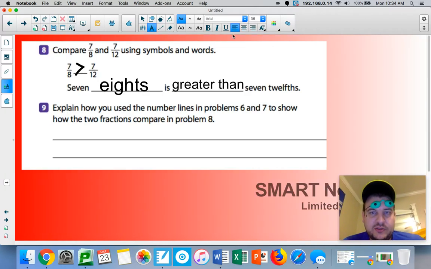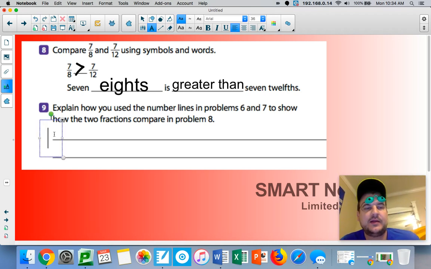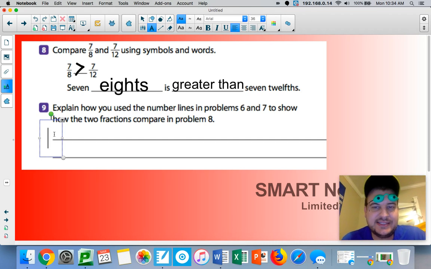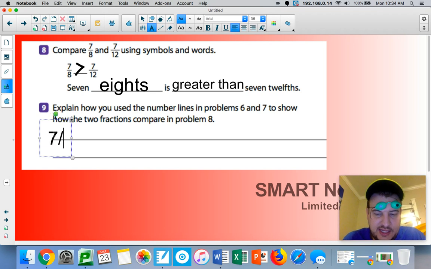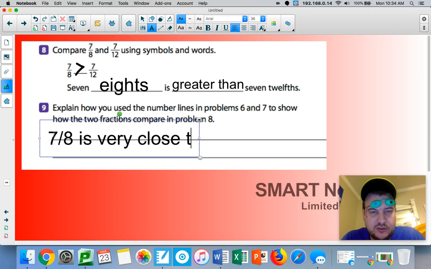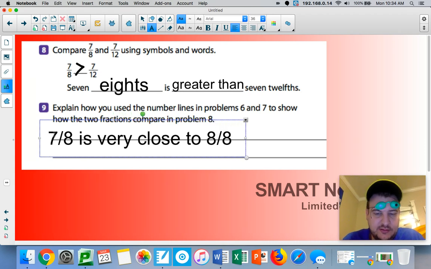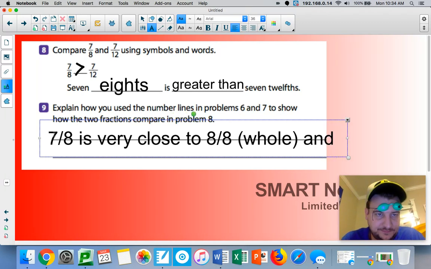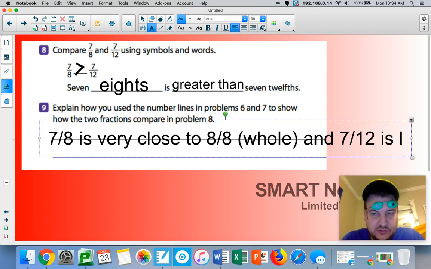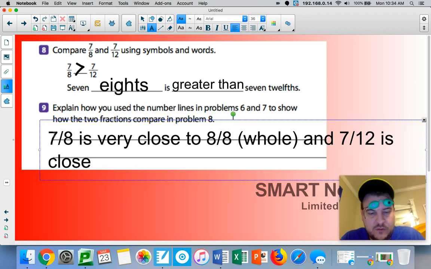So 7/8 is very close to 8/8, a whole. And 7/12 is close to 6/12.